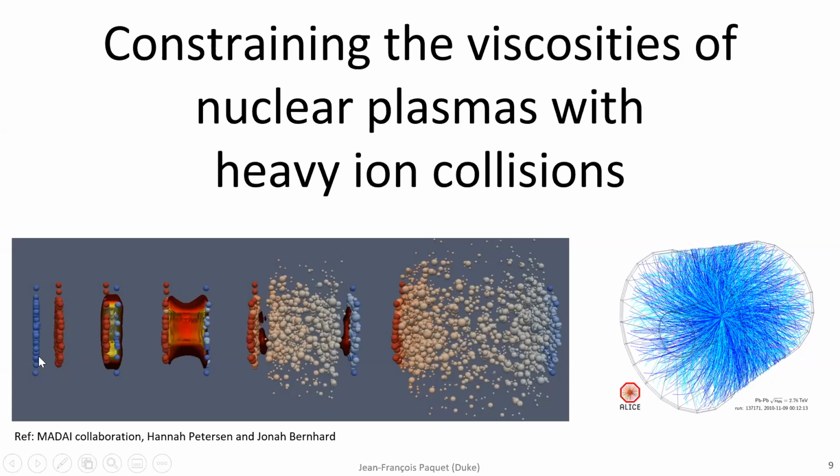After a short amount of time, after about 1 Fermi of evolution, you have the formation of a plasma of strongly interacting deconfined nuclear matter. You can call it the strongly coupled quark-gluon plasma if you want. This plasma will expand and dilute, and when it's sufficiently dilute, it cannot remain deconfined. So it reconfines into hadrons, and eventually those hadrons will fly out and be picked up by detectors like ALICE, STAR, and others.